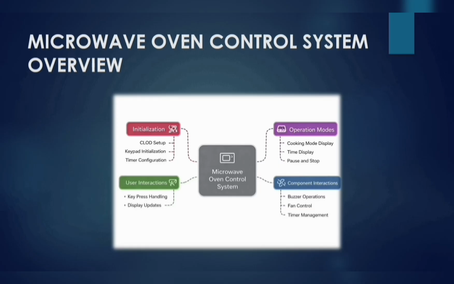We also have user interaction, which includes key press handling and display update functions used to interact with the user, and some functions used to interact with the system, such as buzzer, fan control, power management, etc.